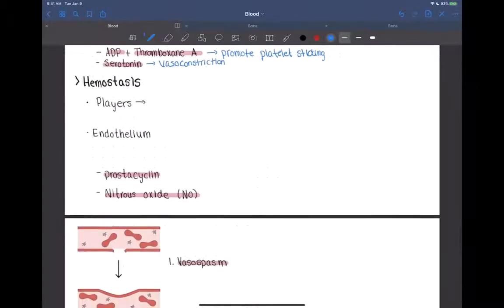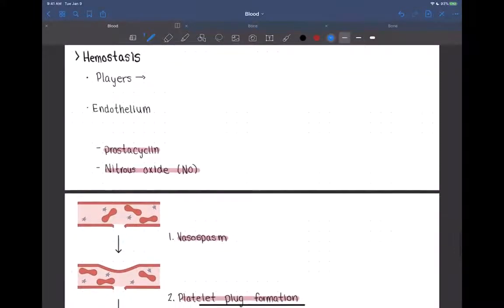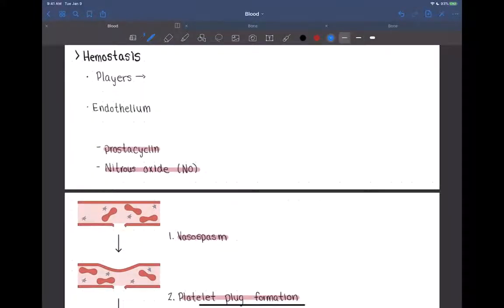Okay, so now let's talk about the process of hemostasis or blood clotting. All right, so the players involved are going to be clotting factors. All right, so clotting factors, these are going to be found in the plasma. So they're just dissolved, floating in the plasma, clotting factors. We'll talk about some of them in a little bit and what they do. And then there'll be the substances from those platelets that they're going to be releasing.